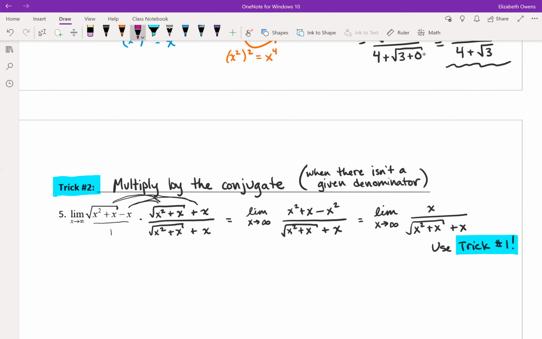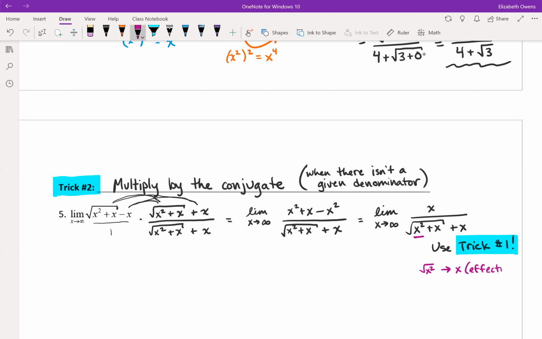Remember, we see an x squared right here, but it is under a square root, so that is effectively the same thing as x to the first.